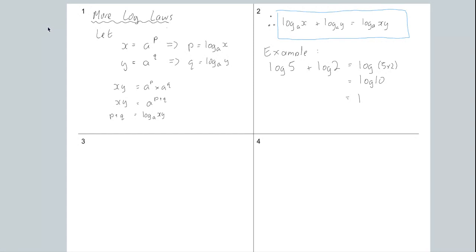Okay, so let's do the same thing with x divided by y. See if you can fill out the right-hand side of that equation there. I'll give you 30 seconds to get ahead of me. We're substituting in, then using our index laws.